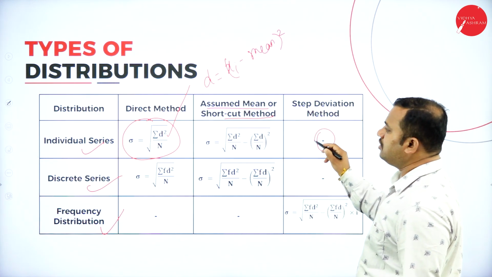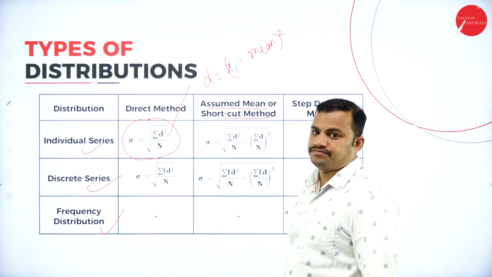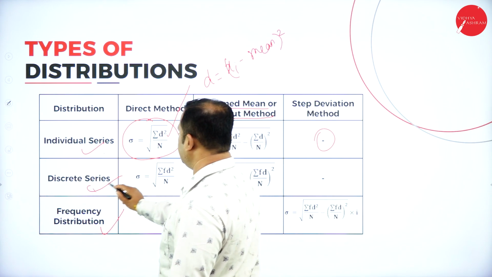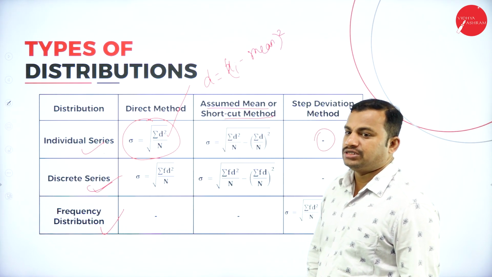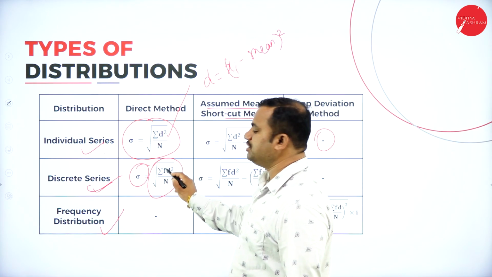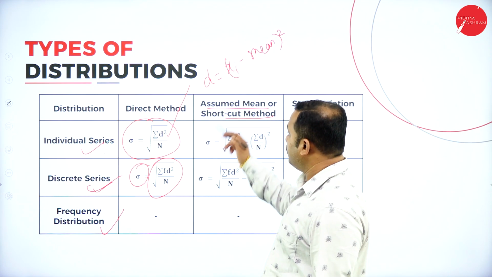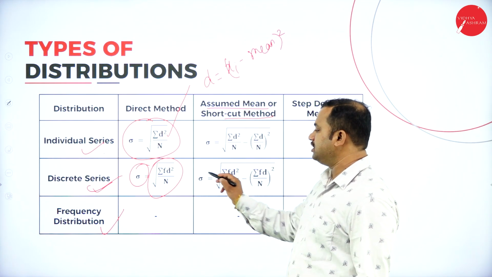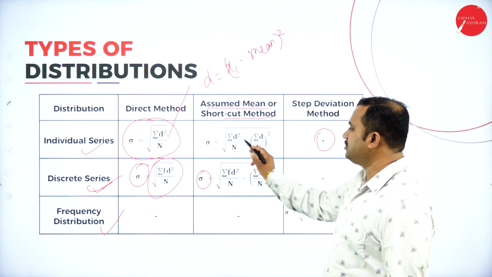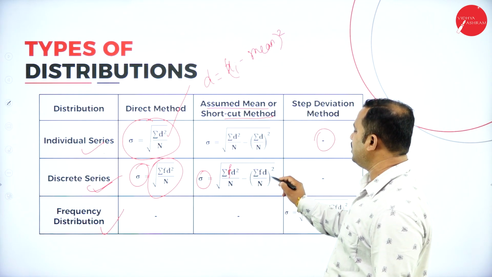For step deviation, we do not find the step deviation for individual series. Similarly, for discrete series, we will find the standard deviation with this formula. Sigma is equal to the square root of summation f into d square divided by n. Then for the assumed or shortcut method, we use the same thing, except summation f into d square by n minus summation f into d by n whole square.